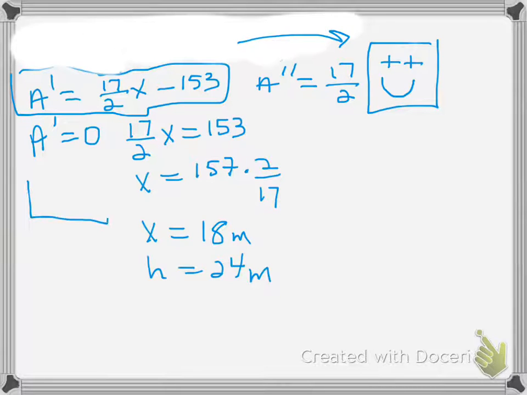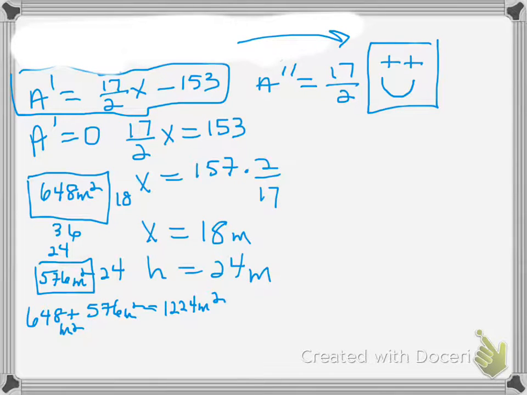So let's do our two drawings. Our rectangle, if this is the case, would be 18 by 2x, so that's 36, and our square would be 24 by 24. Alright, so let's check what the area would be there.